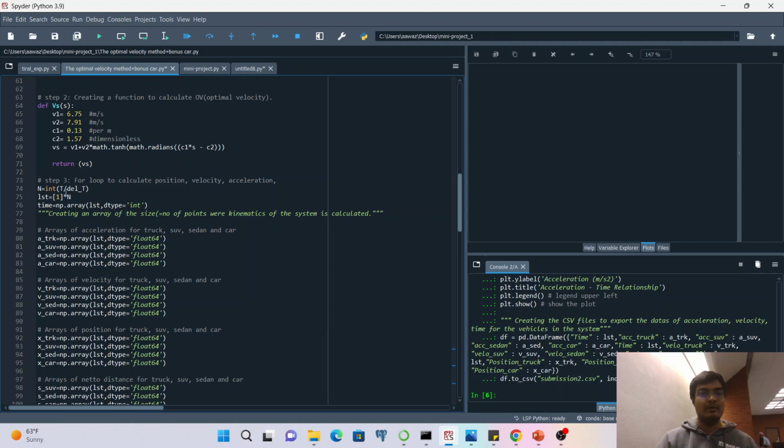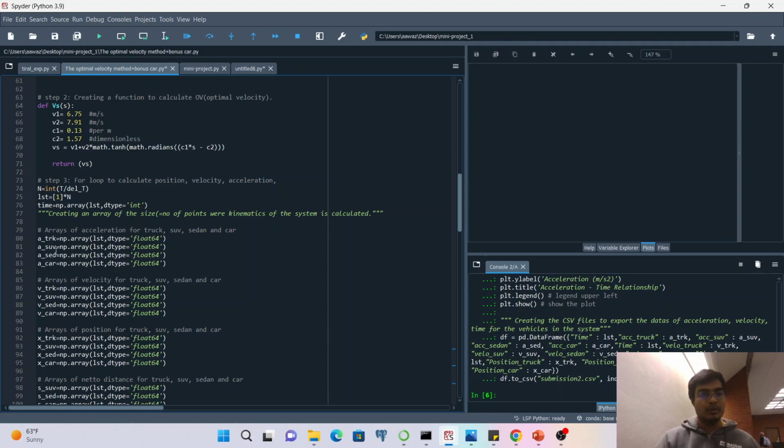On that we can multiply with different portions of variables, so that we can calculate the different variables at particular times. So here are some arrays on which we are working.